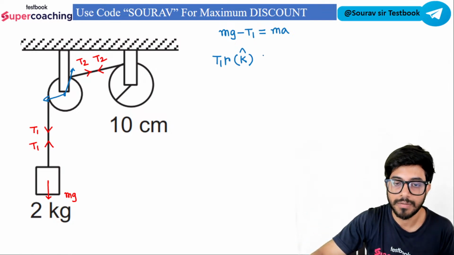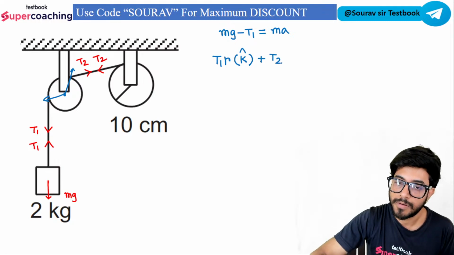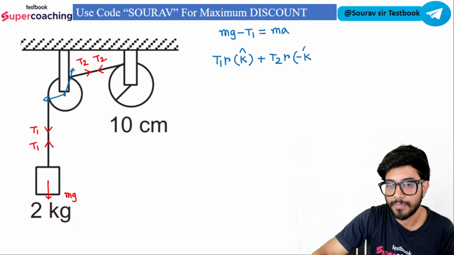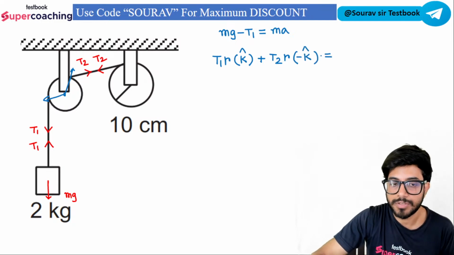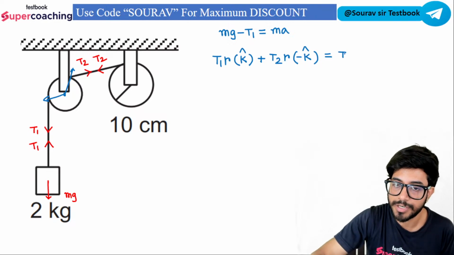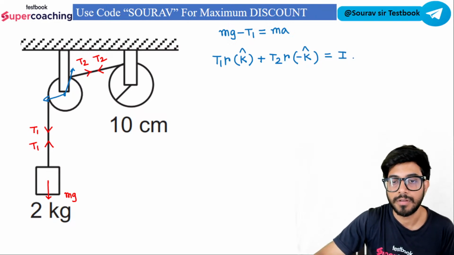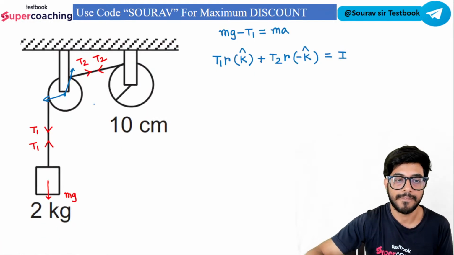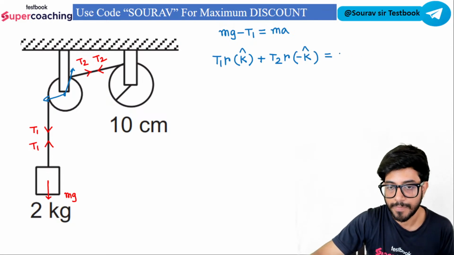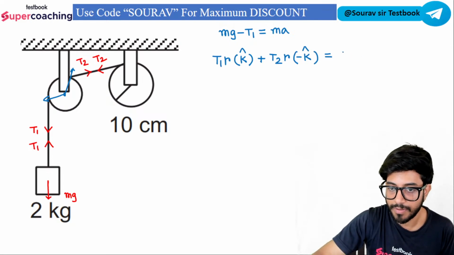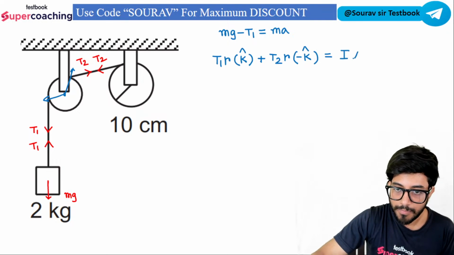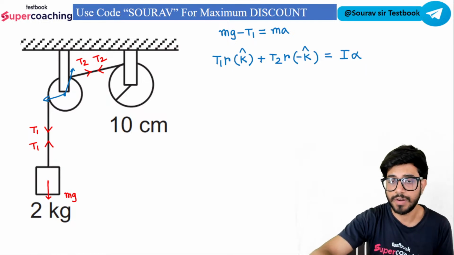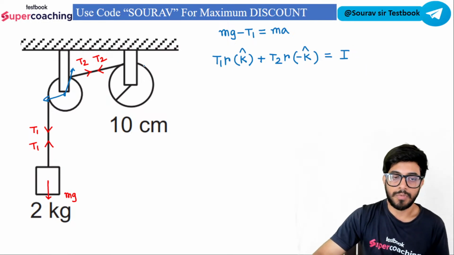So T2 r minus k cap should be equal to I, the moment of inertia of this pulley, into alpha.